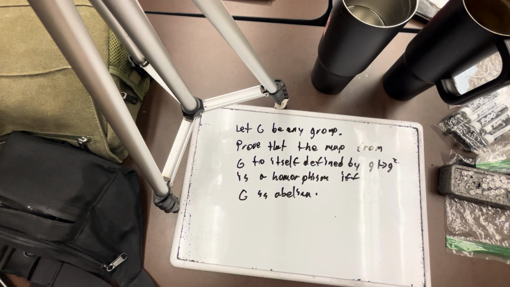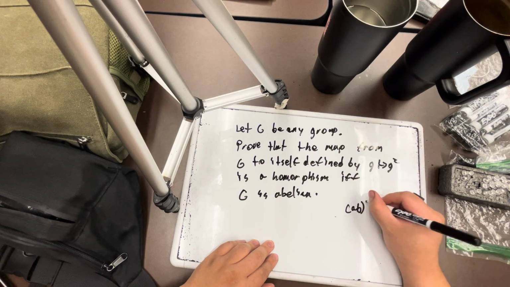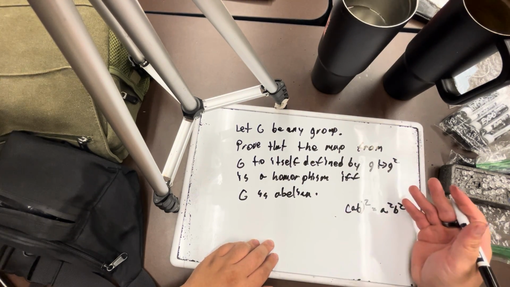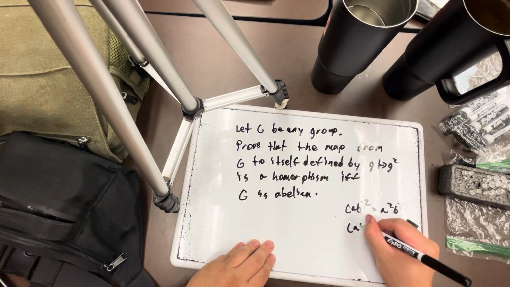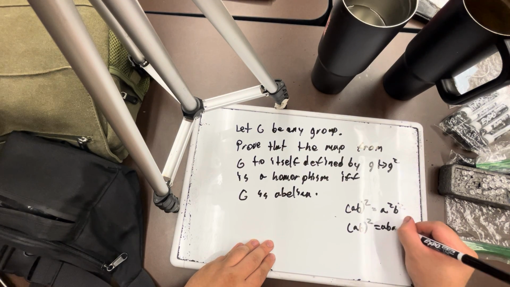So, squaring g. Intuitively, a map is a homomorphism if it respects products in this case. So, well, the operation in general, but products in this case. So g to g squared means what? It means (ab)^2 is equal to a^2 b^2 for all a, b. But (ab)^2 is equal to abab.